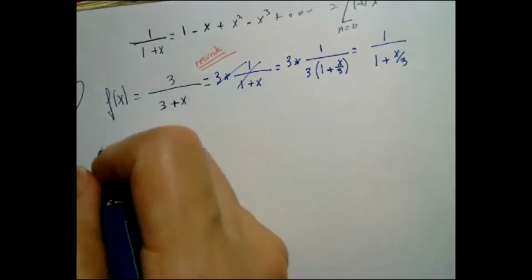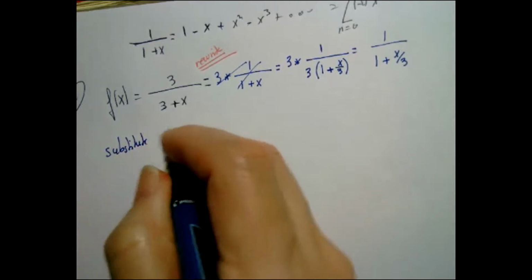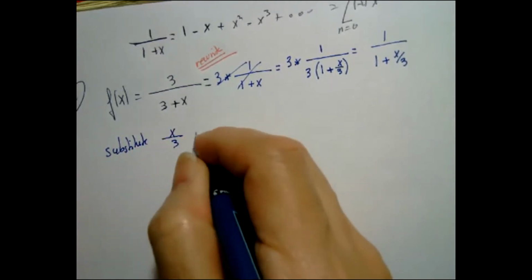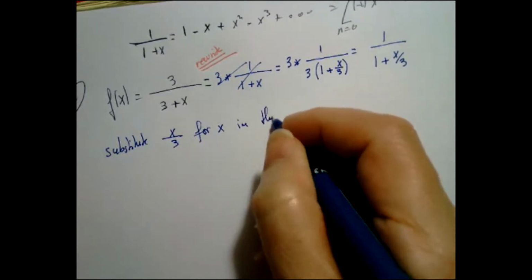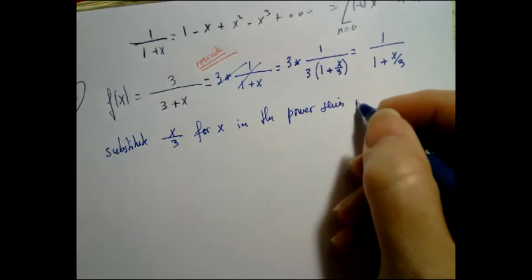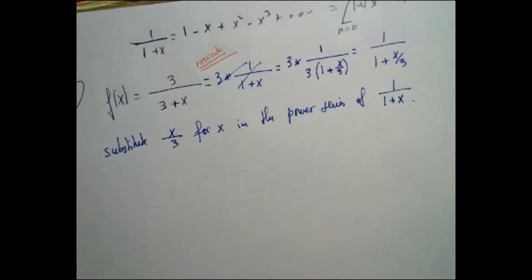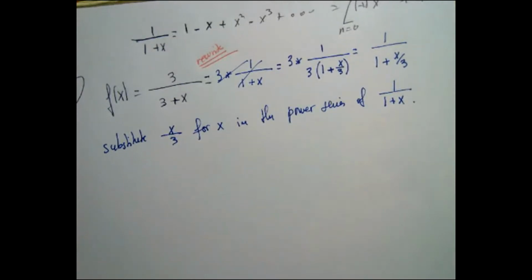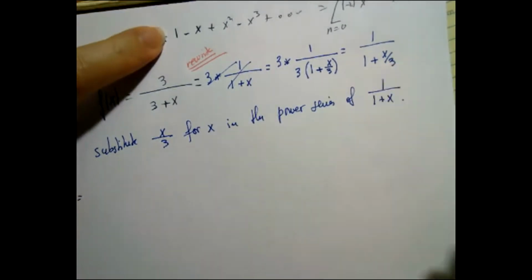So now we're going to substitute x over 3 for x in the power series of 1 over 1 plus x. Let's do that. I have my function f of x equal. So we're substituting x over 3.